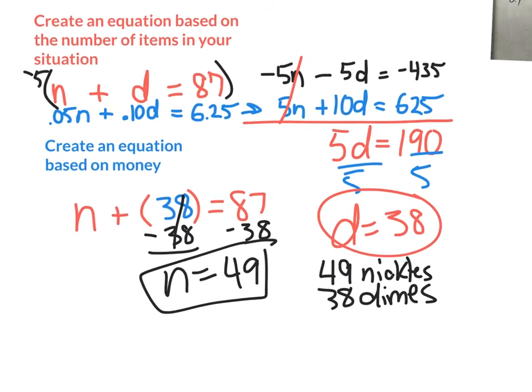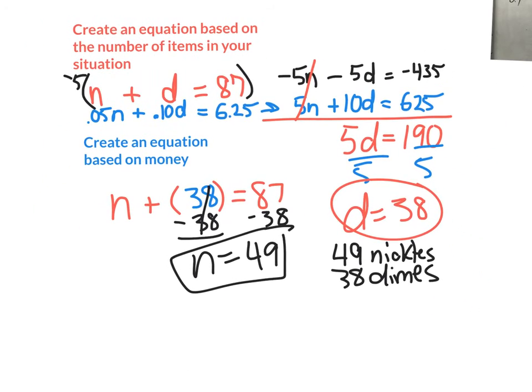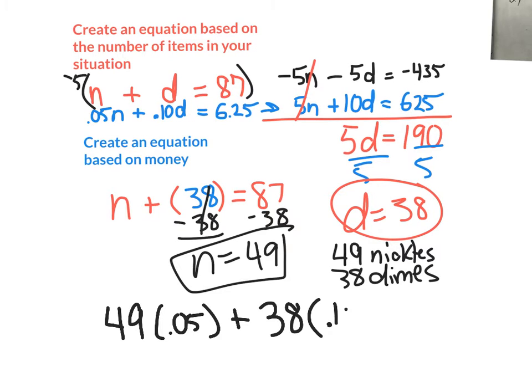So if this is correct and I have 49 nickels, I should be able to do on a calculator 49 of those nickels. How much are the nickels worth? 5 cents. So you could go 49 times 0.05 on a calculator plus 38 dimes. How much is a dime worth? 10 cents, 0.10. And that should give us the total answer on our original problem, which was $6.25, I think.